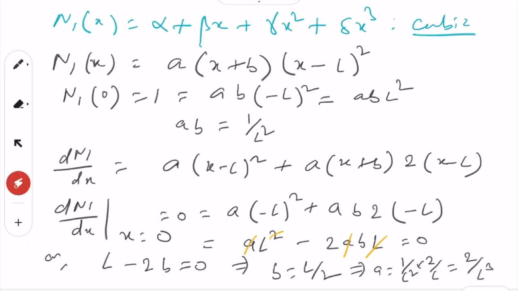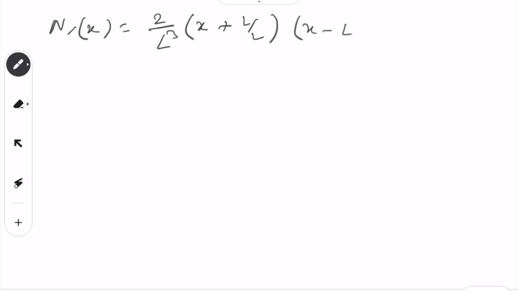So that means a is 2 over L cube, and b is L over 2. So n1 of x will be 2 over L cube, then x plus L over 2, and then x minus L square. So we get n1 of x.